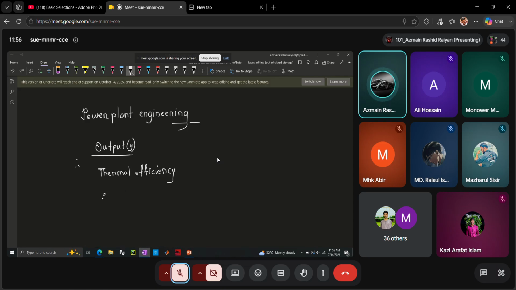And let's say the cost. The cost can be either in dollar or in Bangladeshi taka, whatever it is. Let's say these two are my output parameters of a designed power plant.